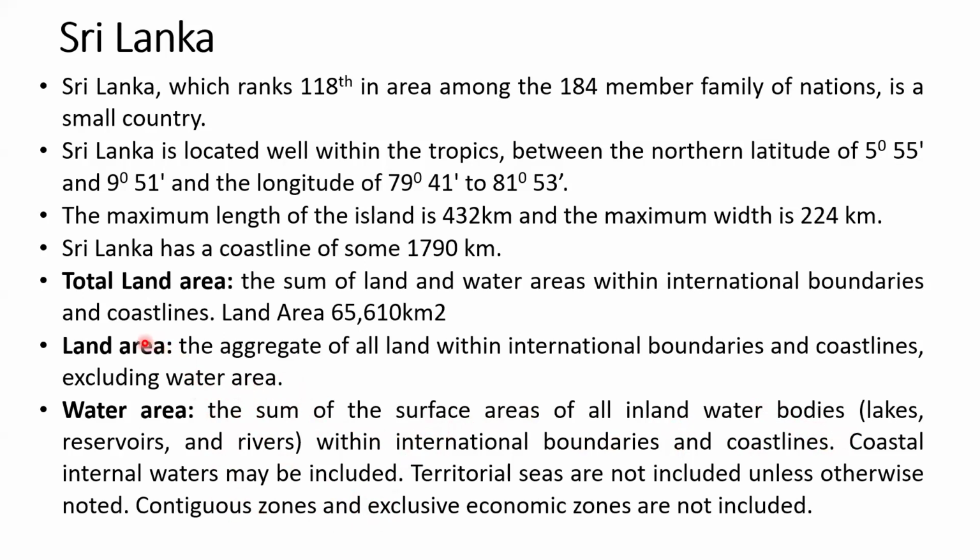Land area means excluding the water area, but the total land area includes land area plus, mainly, the inland water bodies, not the external water bodies. Coastal internal waters may be included, but territorial seas are not included. Now we'll see the definitions of what you mean by the territorial sea and other things.